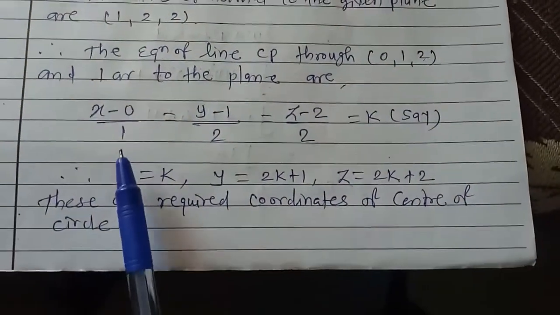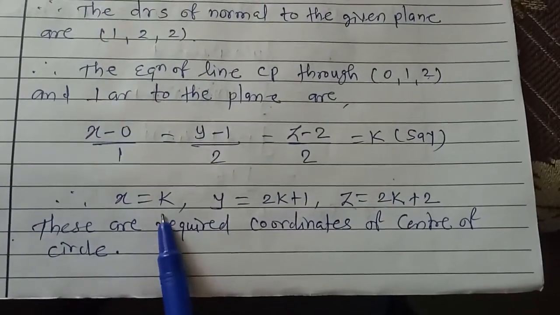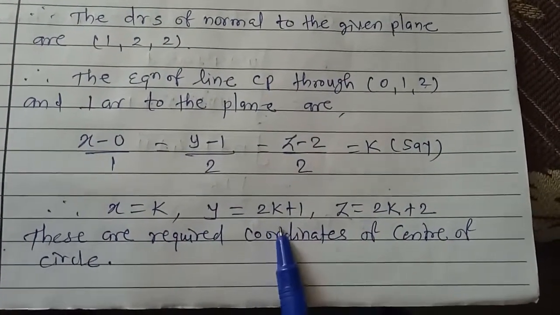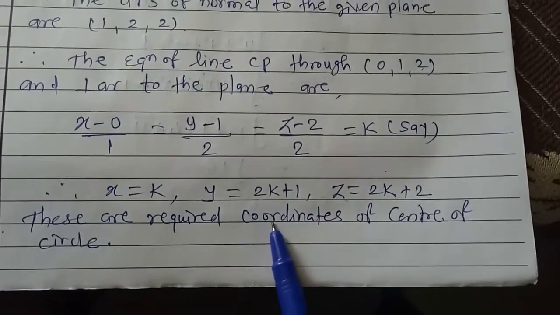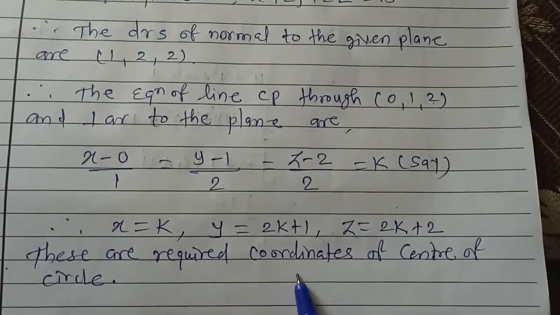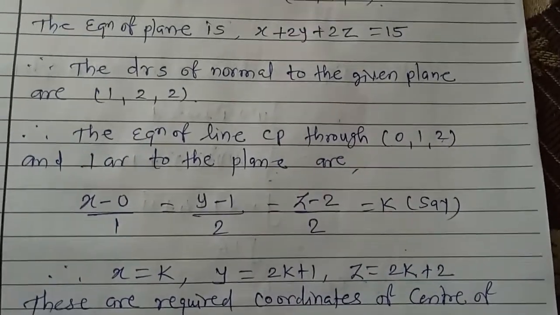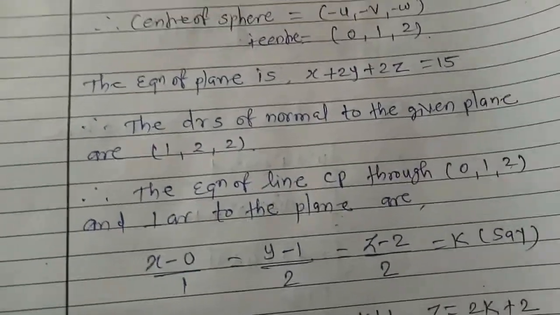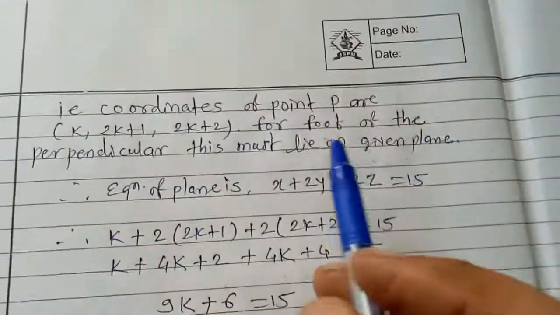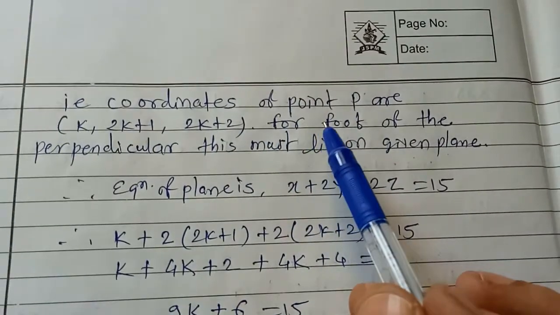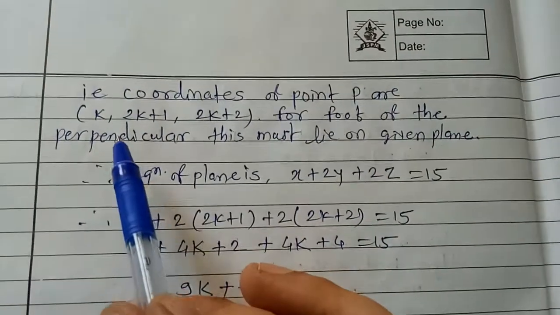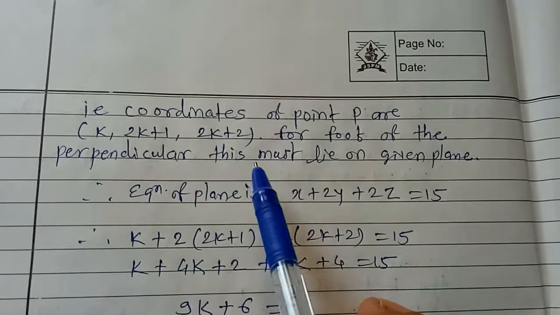That is, we are taking x equals k, y equals 2k plus 1, z equals 2k plus 2, which are the required coordinates of the center of the circle that we have to find in the next step. So the coordinates of point P are k, 2k plus 1, 2k plus 2.